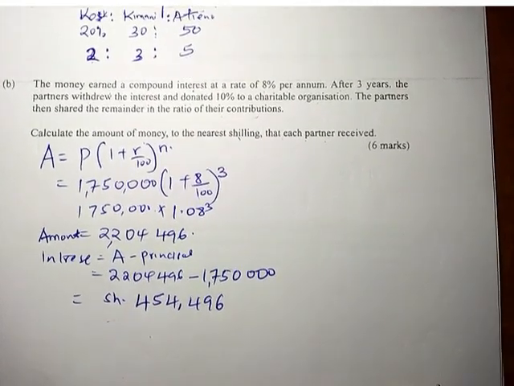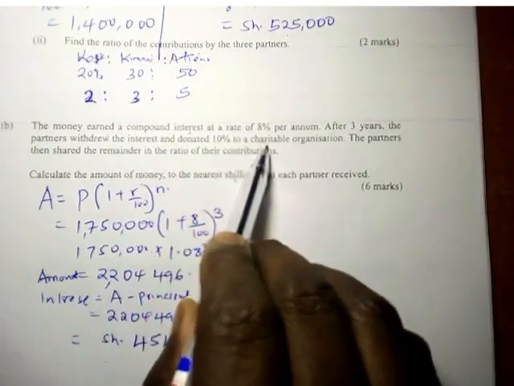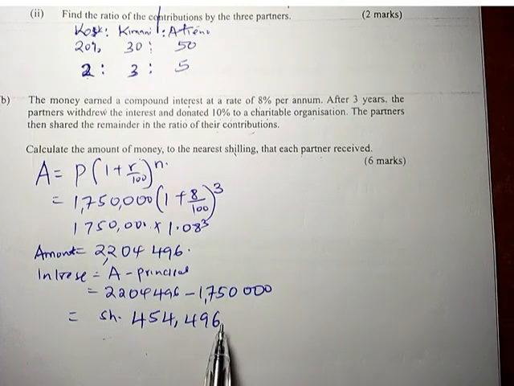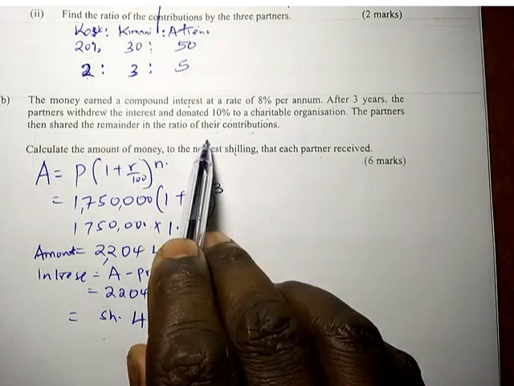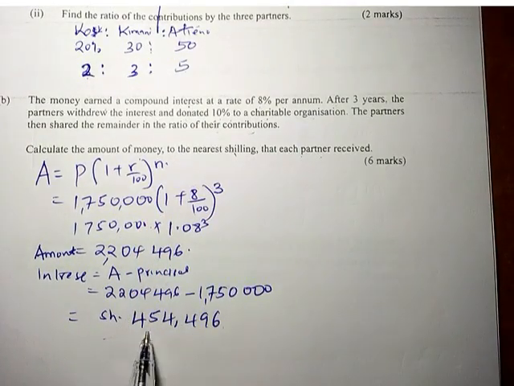But before they share, 10% is going to a charitable organization. So they are going to share 90% of this money. This 10% is going to be donated, so the money that they are going to share is 90%.